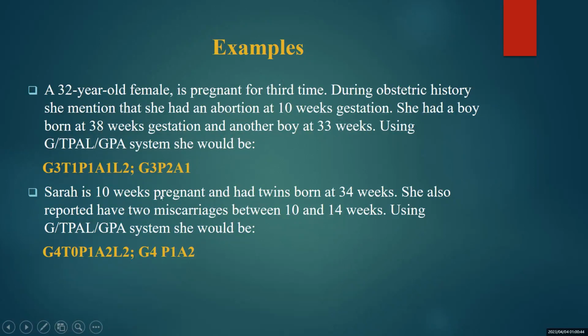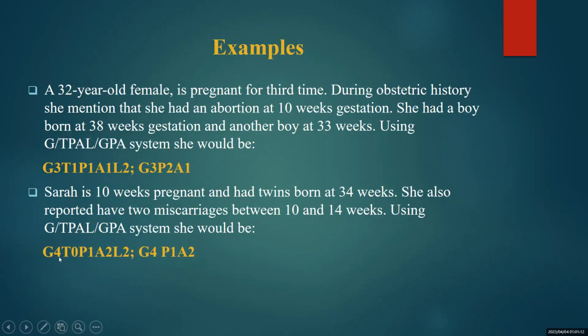Sarah is 10 weeks pregnant and had twins born at 34 weeks. She also reported having 2 miscarriages between 10 and 14 weeks. Using the GTPAL system, she's currently pregnant. This is one pregnancy. She has had twins, that's the second pregnancy, and the 2 abortions.